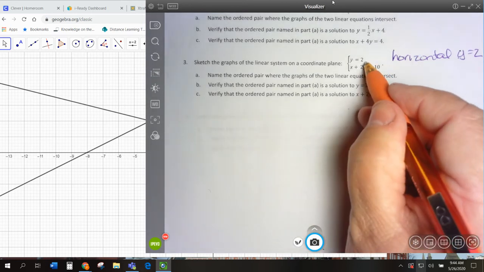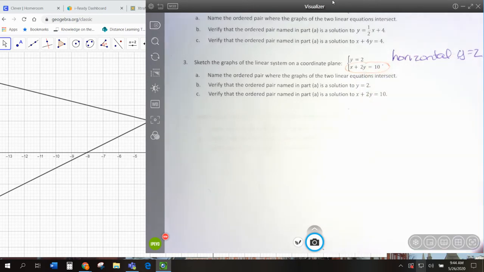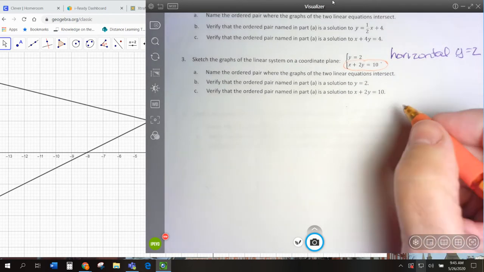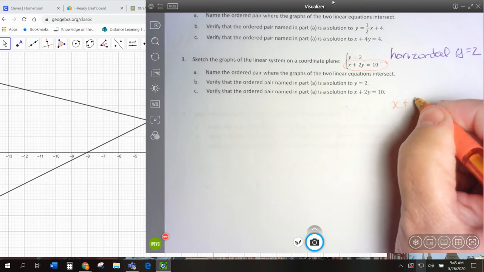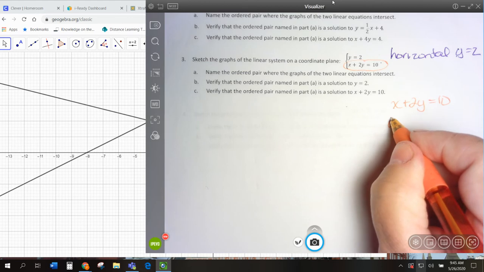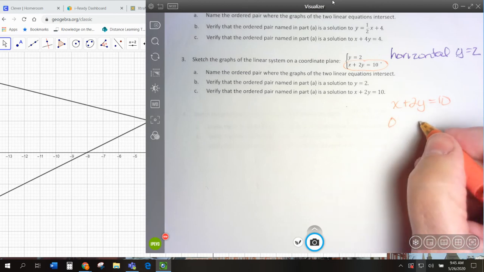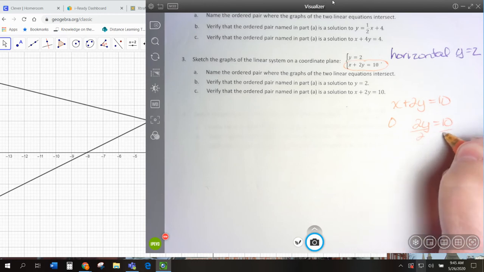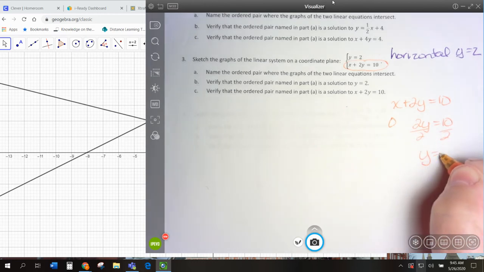This is in standard form, so let's find our x and y intercepts. X plus 2y equals 10. If I made x 0, I'd get 2y equals 10. Divide by 2, and y would be 5.